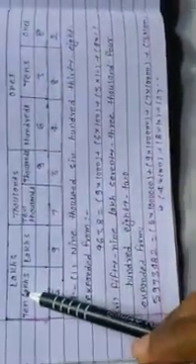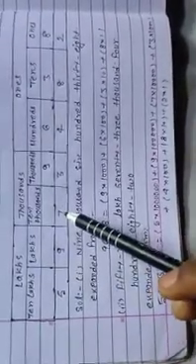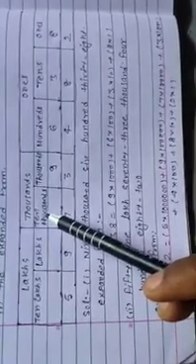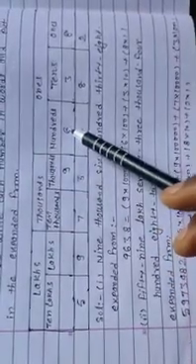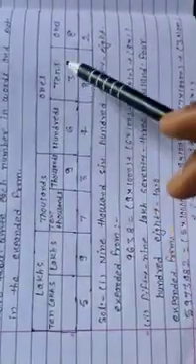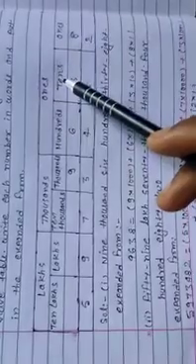Now take 5 in the place of 10 lakhs, 9 in the place of lakhs, 7 in the place of 10,000s. In the first case, 9 in the place of thousands, 6 in the place of hundreds, 3 in the place of tens, 8 in the place of ones.